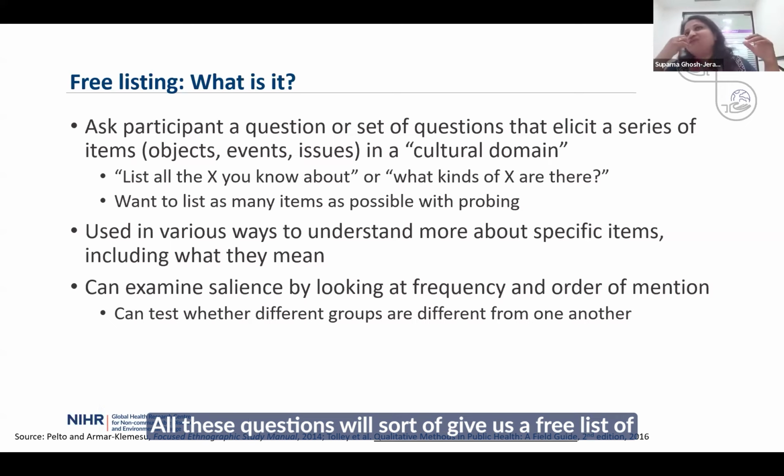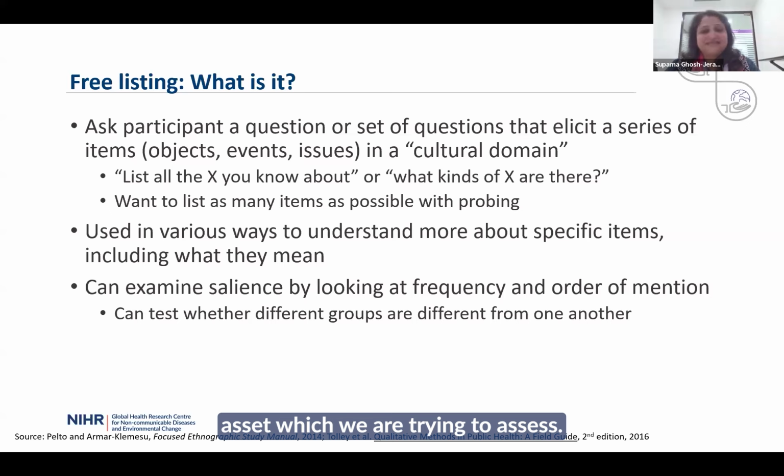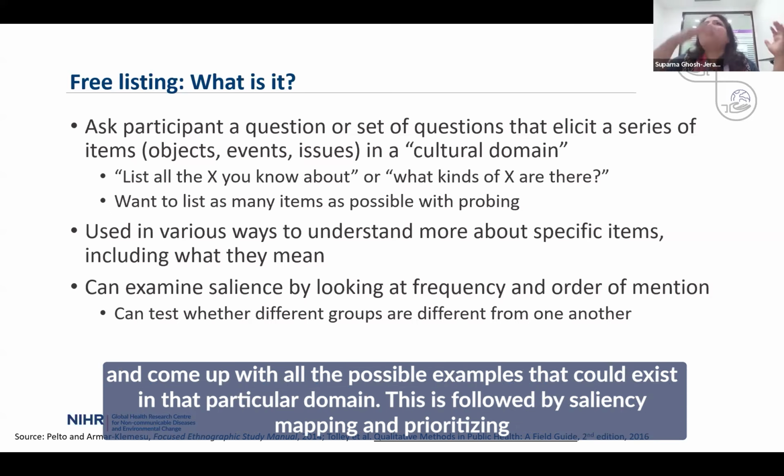All these questions will give us a free list of all the items that are present in a specific domain which we are trying to assess, and come up with all the possible examples that could exist in that particular domain.